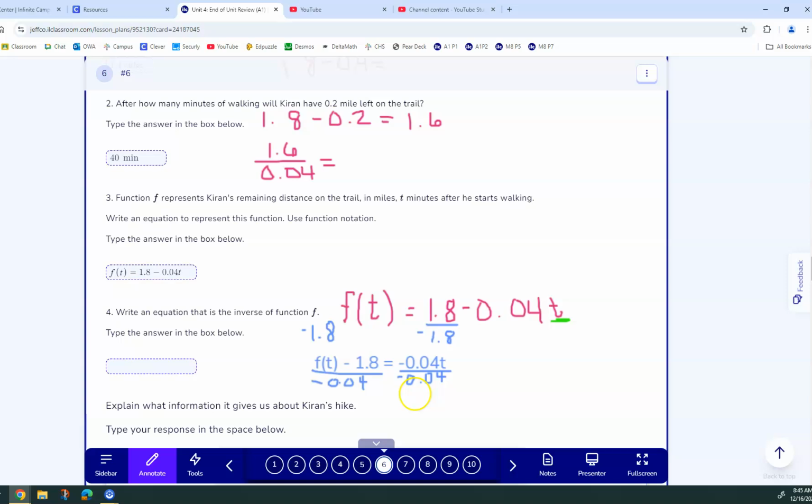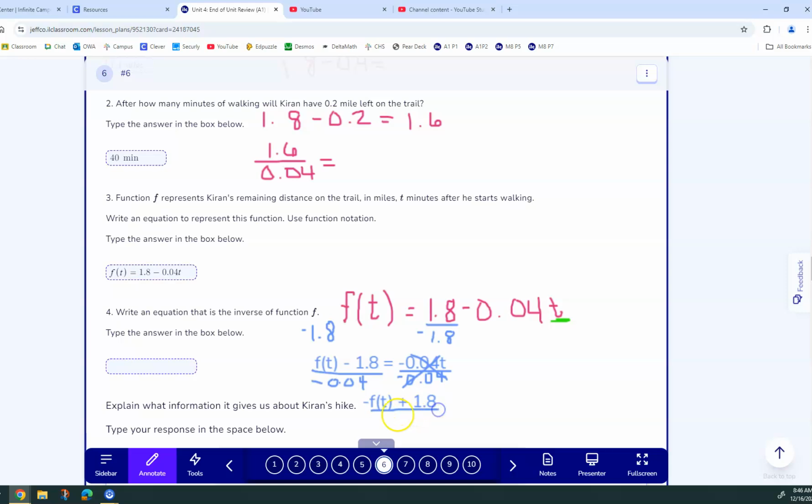So we've got our t all by itself. We have t equals negative f of t, and then negative 1.8 divided by a negative is a positive, plus 1.8, and then all of that divided by 0.04.